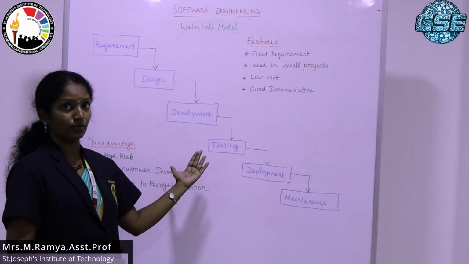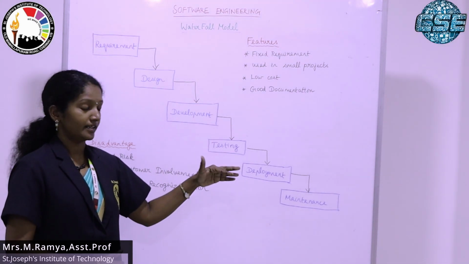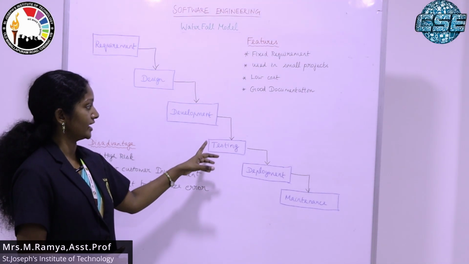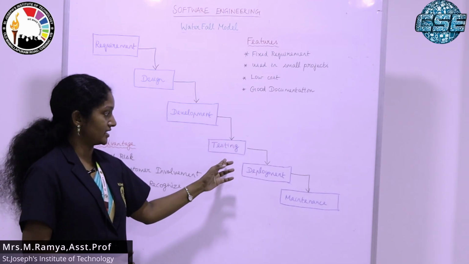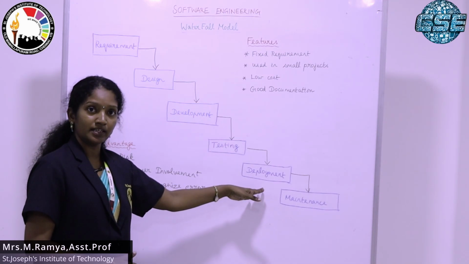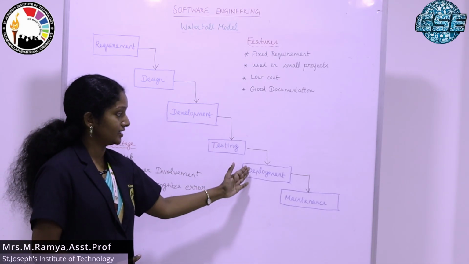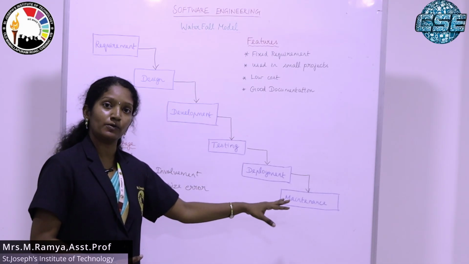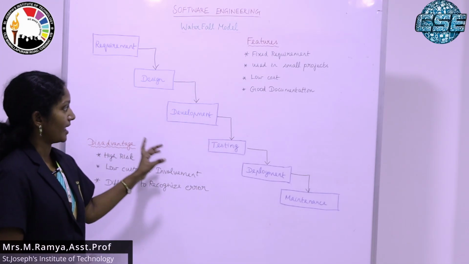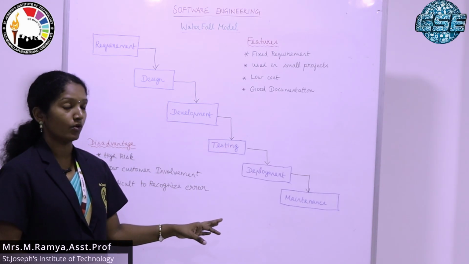After testing, the software is delivered to the customer, and if the customer has any maintenance issue, it is solved and provided to the customer again. This is how the waterfall model works.